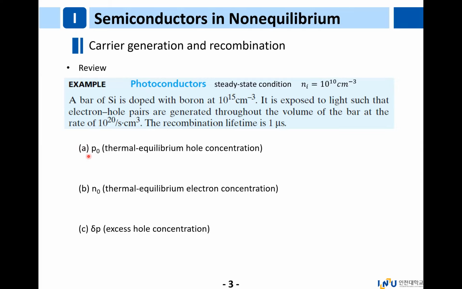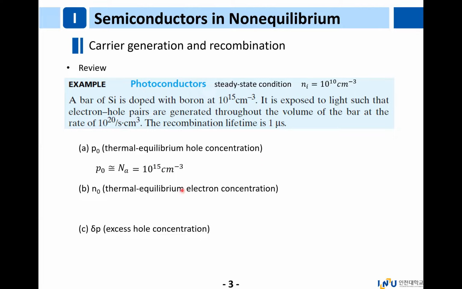First, p0, which represents the thermal equilibrium concentration of holes. This concentration is determined by the doping level, right? It will be determined by the doping level. And since boron is doped to the extent of 10^15, the hole concentration is also the same.